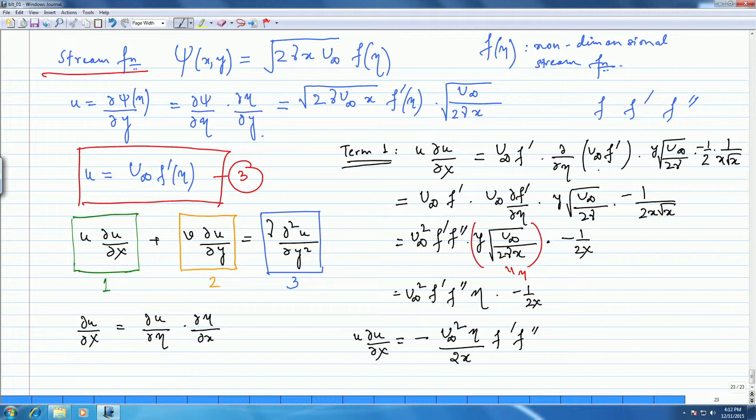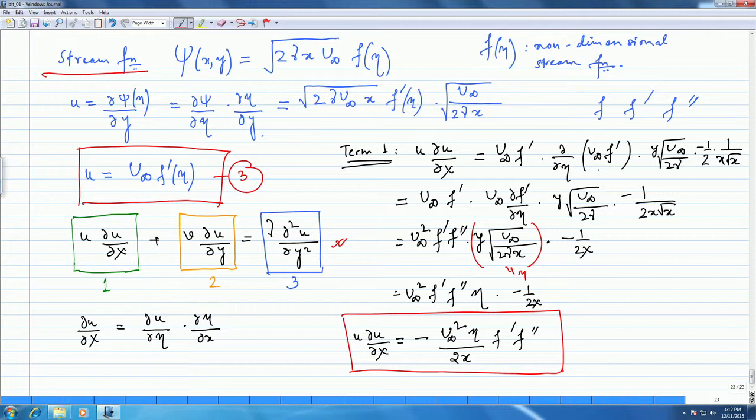So what I am doing here is that we have this set of equations. This is my equation that I am trying to solve, the x momentum boundary layer equation.